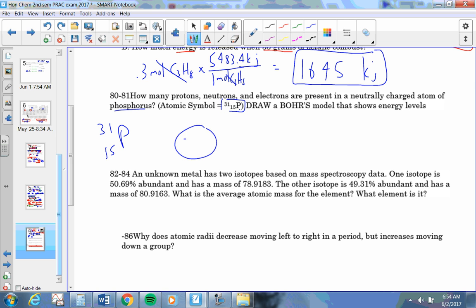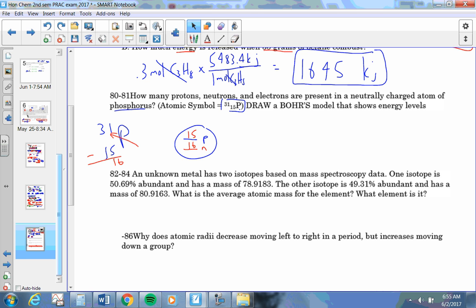Circle. How many protons? All phosphorus has 15 protons. This number does not refer to how many neutrons. It's the total mass of the nucleus. So if I do 31 minus 15 to get 16, all the rest of the weight, 16, is in neutrons.